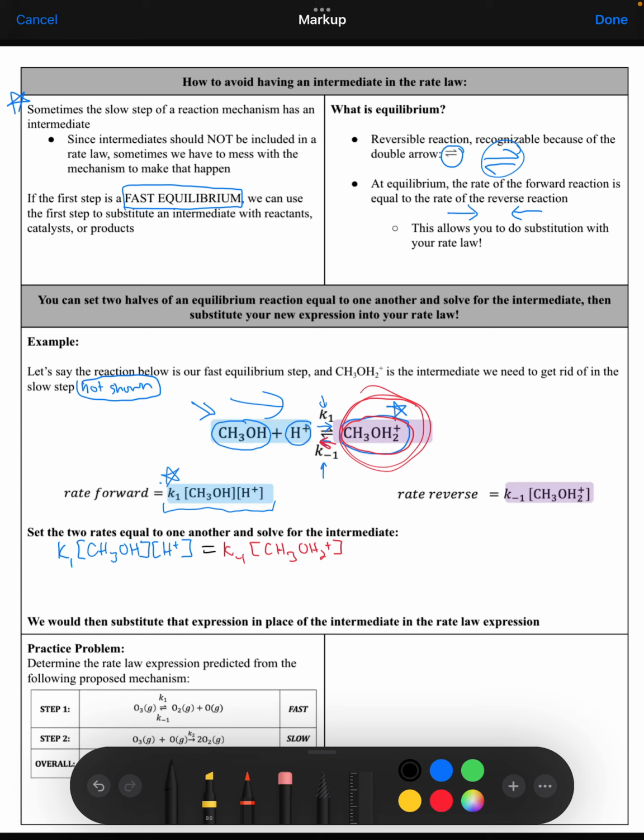So I'm going to go ahead and divide both sides by K sub negative 1. And I get that my intermediate, CH3OH2 plus, is equal to this new expression over here. So I'm going to rewrite it.